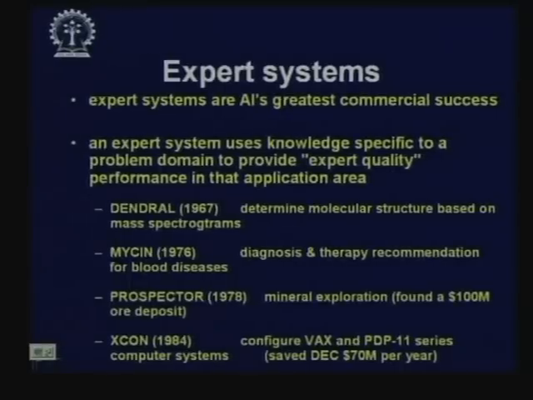This is a very important point that we should try to understand, that it uses knowledge that is very narrow, specific to a particular problem, maybe fault diagnosis of a two-wheeler, or maybe fault diagnosis of a particular type of car.